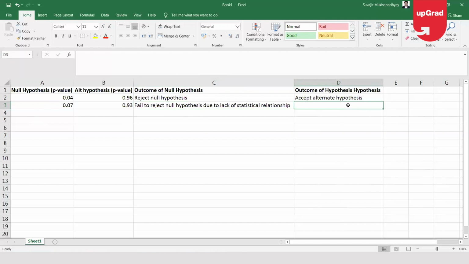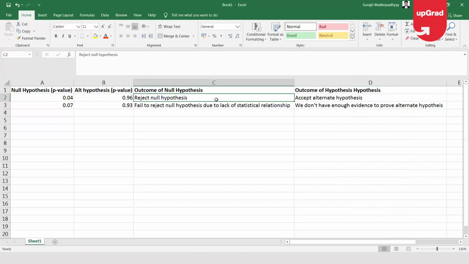And here we can say we do not have enough evidence to prove alternate hypothesis. We can only prove alternate hypothesis if we reject the null hypothesis.